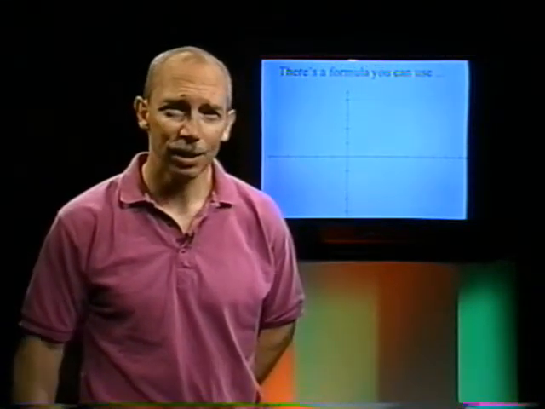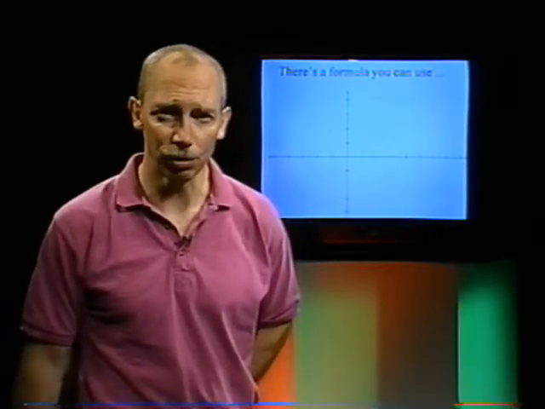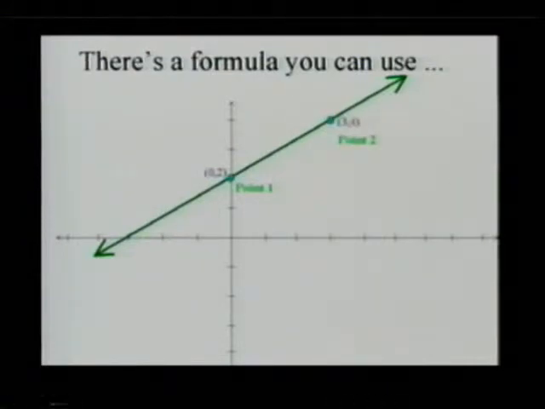And actually, to save ourselves from having to draw this picture, there's a formula we can use if I give you 2 points. Okay? Let's take a look at this line here. If I call this point 1, the point 0, 2, and I'm just picking them arbitrarily, and this point 2, the point 3, 4. Okay? I remember what I was doing visually.